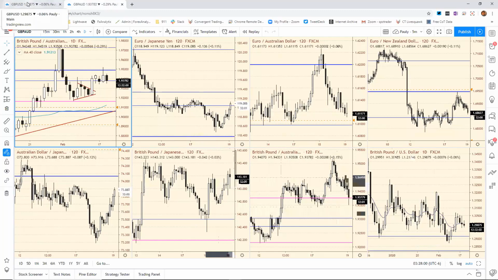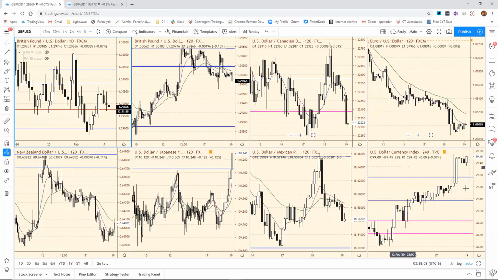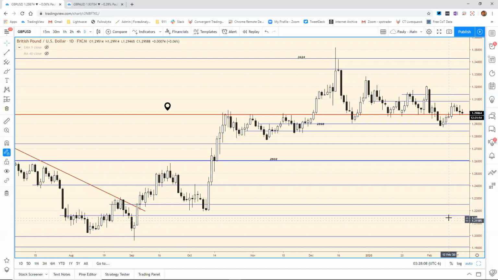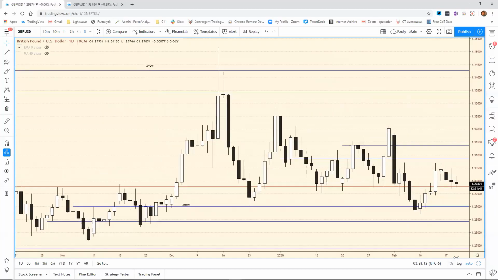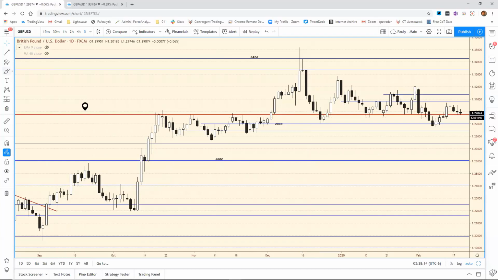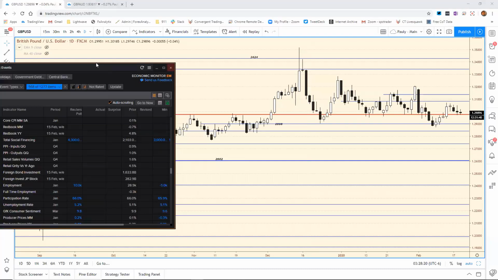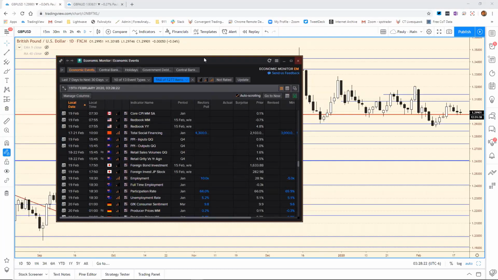Yesterday was nothing but short of disappointing. We were highlighting this when the data came out yesterday, and the cable did not even move at all whatsoever. I would expect some further movement here. We're just going to only focus on the pound.